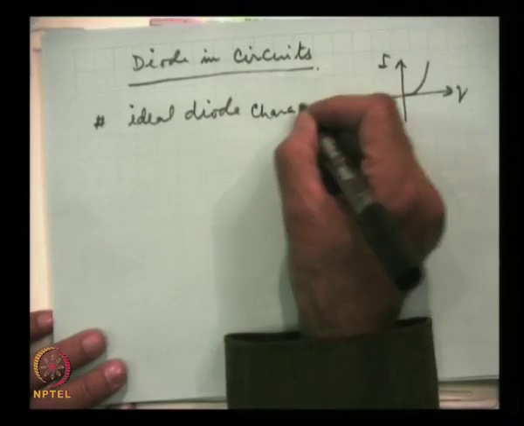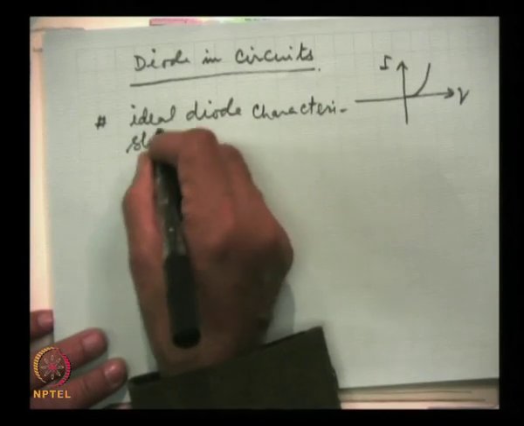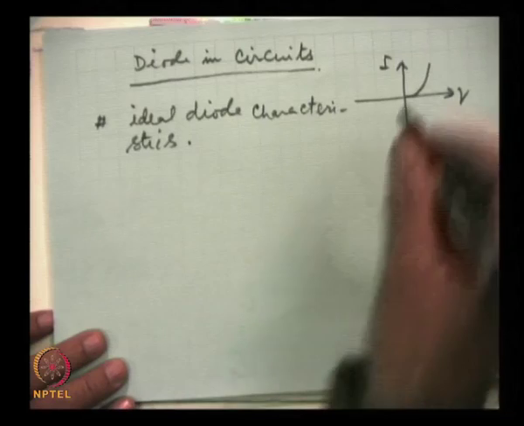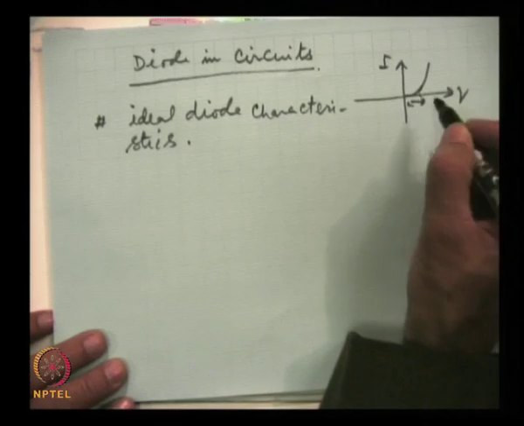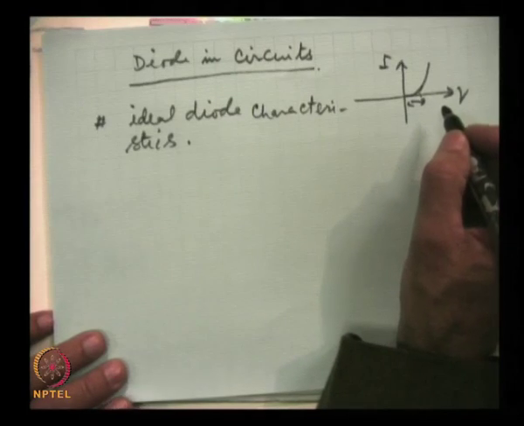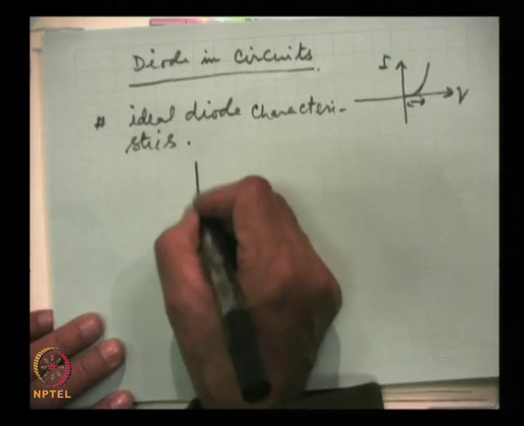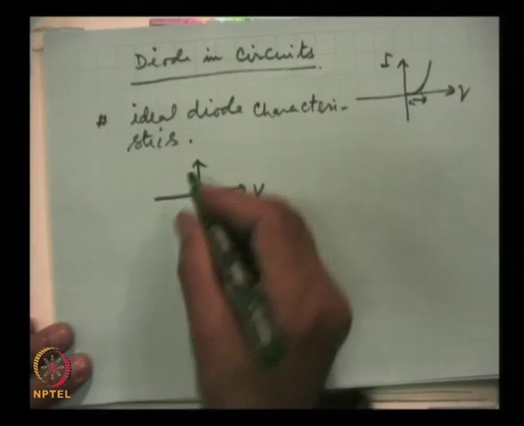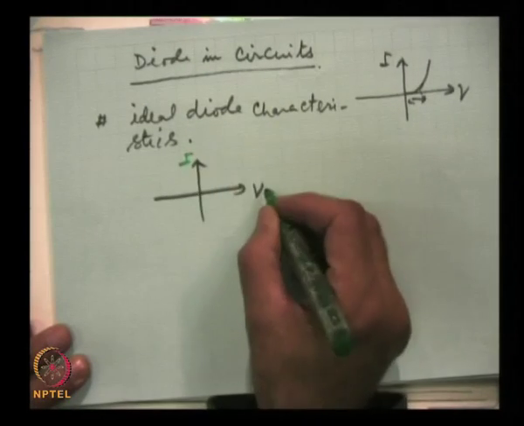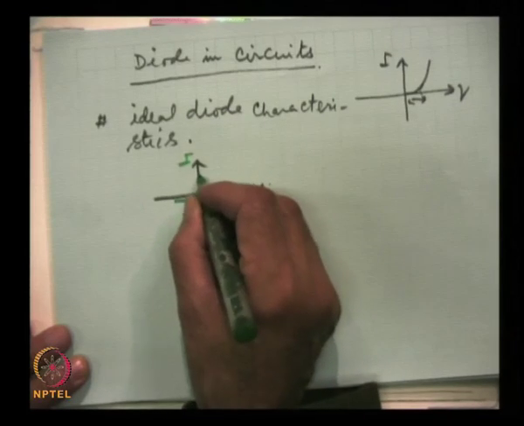So, we have to go for certain approximations, and that we will see here. One is ideal diode characteristics. Here the drop of voltage across the device is assumed 0. So, for ideal behavior the characteristics are these.